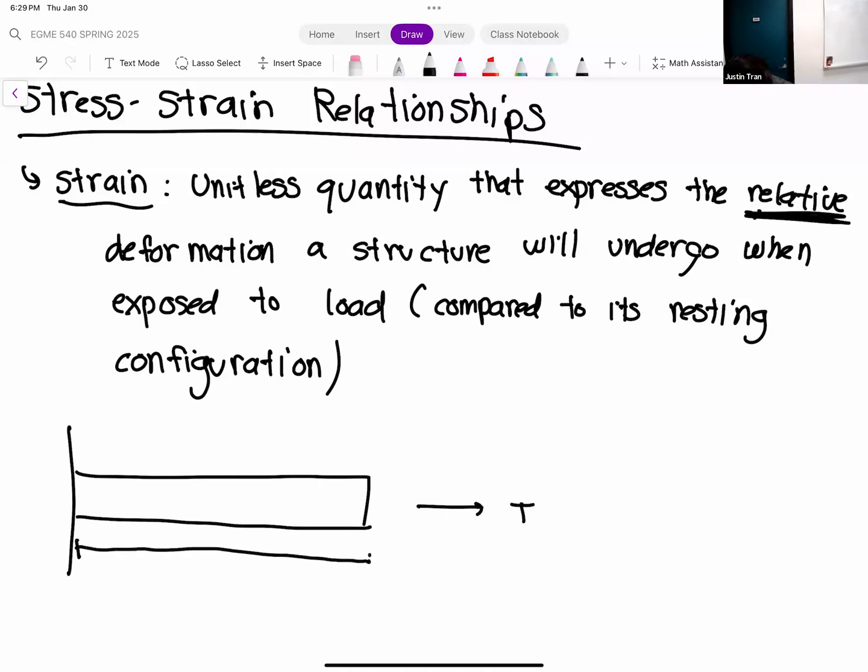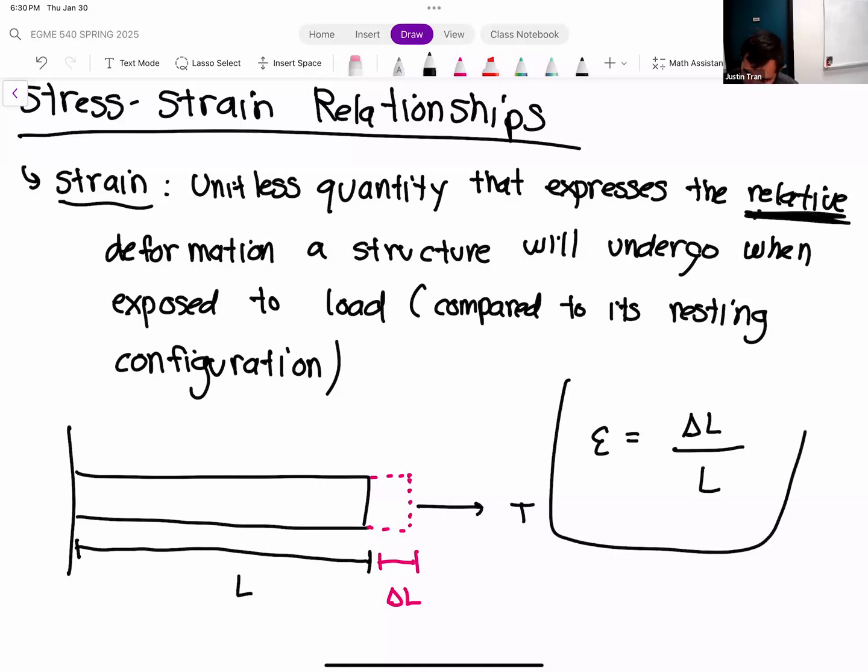And so let's say the original length of the rod is L. And then after you apply the force, the rod is going to stretch out to some amount like this. And the amount that the rod elongates will be given by delta L. The strain in this rod is nothing more than just the change in length, delta L, divided by the original length, L. Okay? So that's how strain is defined in a one-dimensional context.